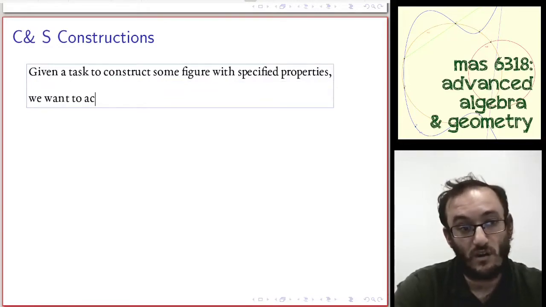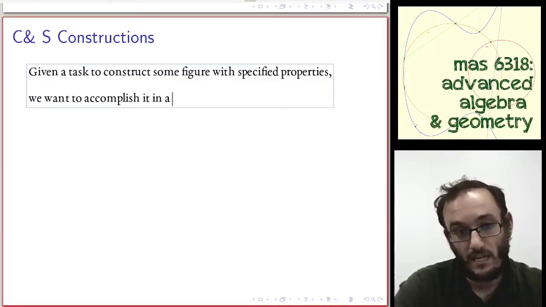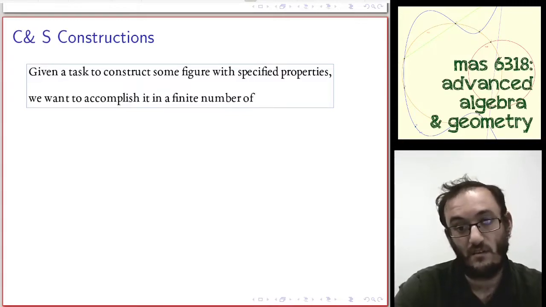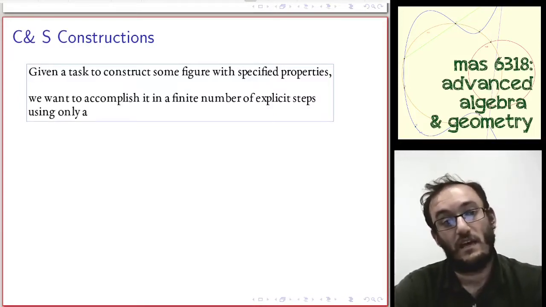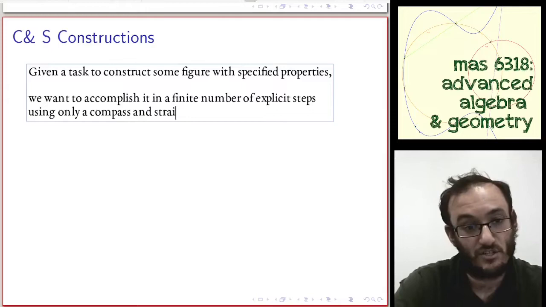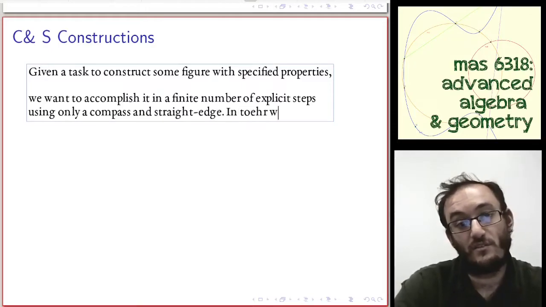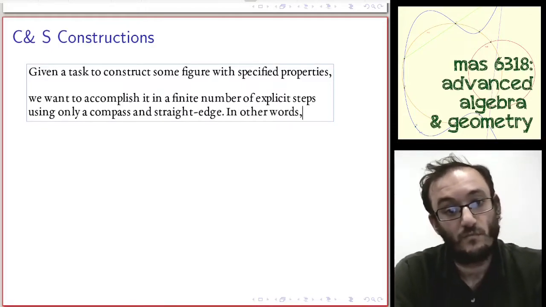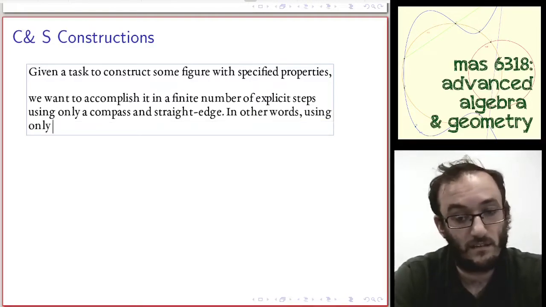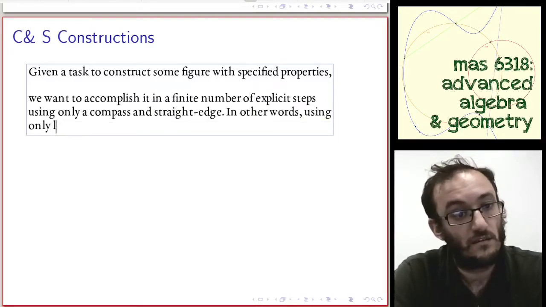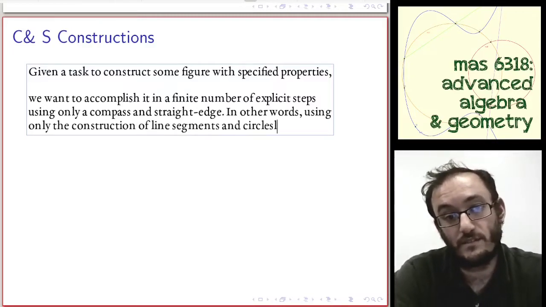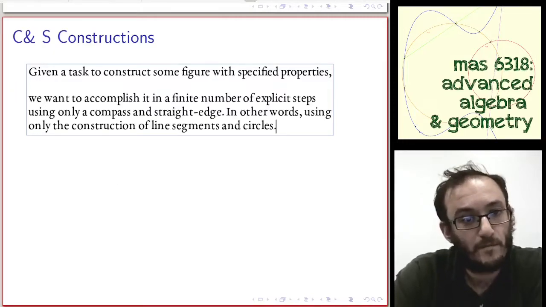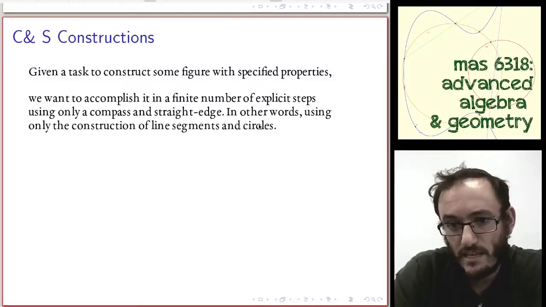We want to accomplish it in a finite number of explicit steps, using only a compass and straight edge. In other words, using only line segments and circles. Okay. So let's see what this looks like in practice.